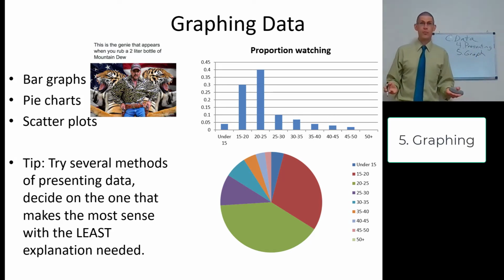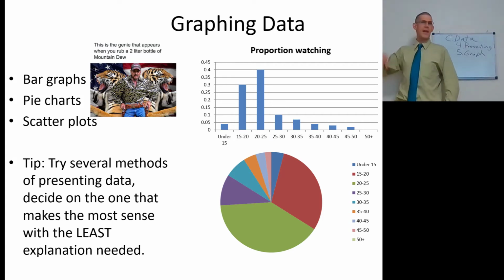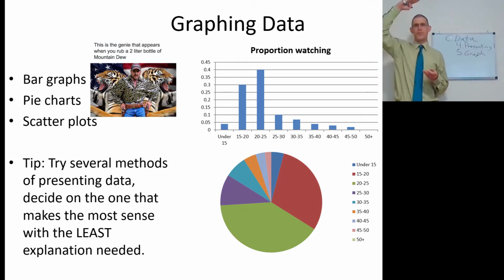There are a bunch of different ways we can graph things. Microsoft Excel will automatically give you a bar graph, and it is usually not the way you want it. A bar graph shows some sort of ups or downs, so the biggest bar is the highest proportion, highest percentage, highest frequency, whatever.